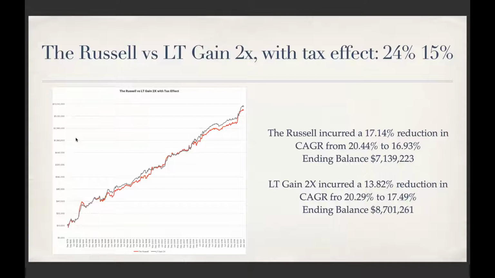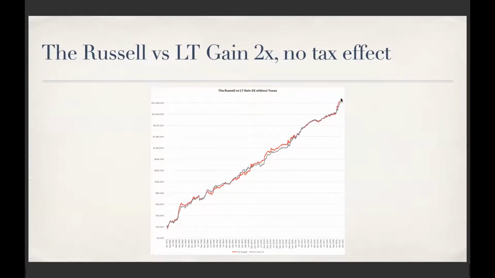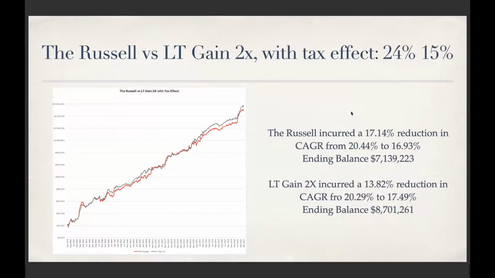Also, it's hard to see, but this ending balance for LT gain is 5% less than the Russell was over that whole period. And you can see here it's clearly quite a bit higher. And that's just the effect of the taxes going in.